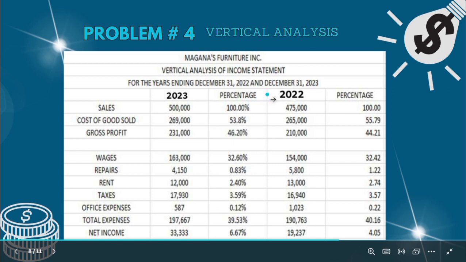So, for the year 2022, may sales sila na 475,000, cost of goods sold na 265,000, gross profit na 210,000, wages na 154,000, repairs na 5,800, rent na 13,000, 16,940 na taxes, 1,023 pesos na office expenses, 190,763 na total expenses, and net income na 19,237.